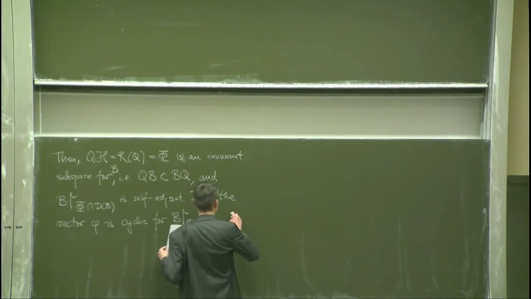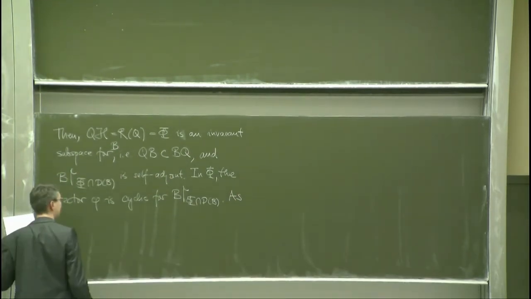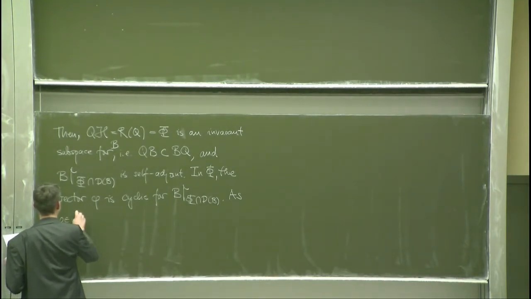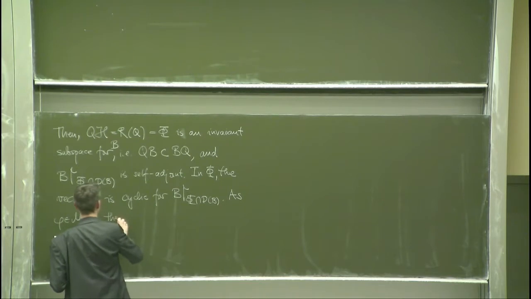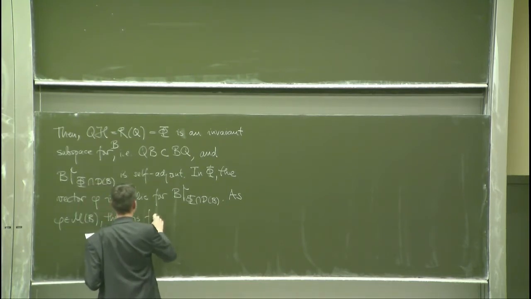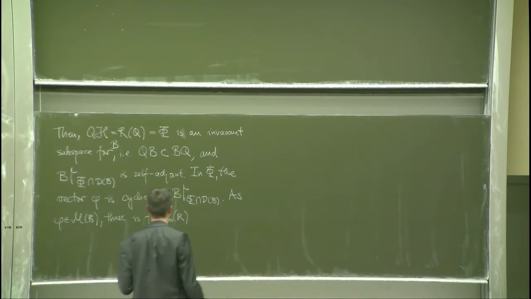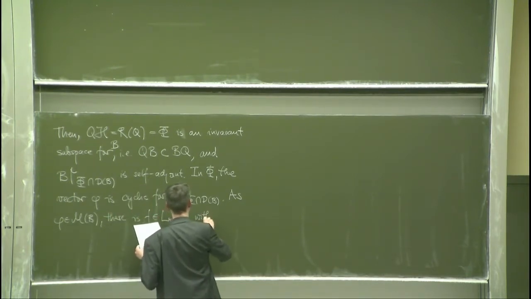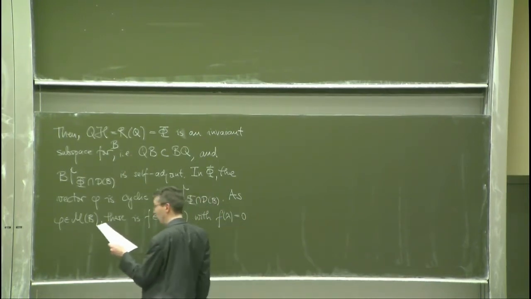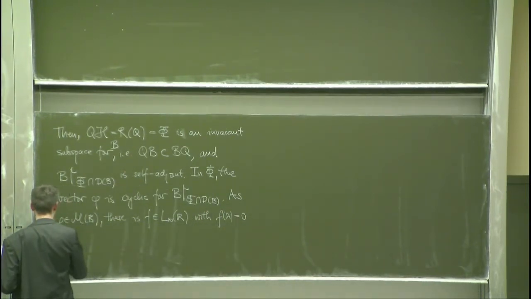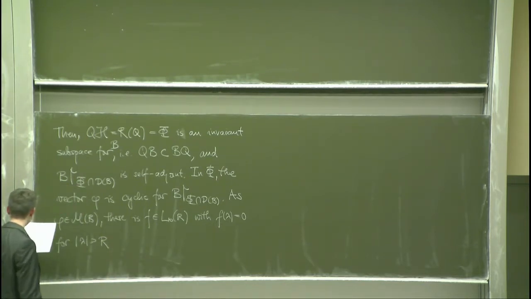Now we use the fact that phi is in M of B. As phi is in M of B, there is f in L infinity, a bounded function f, with the property that f of lambda is 0 for absolute value of lambda bigger than some r.